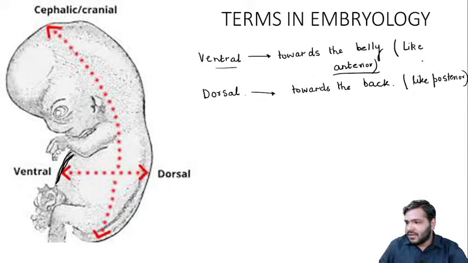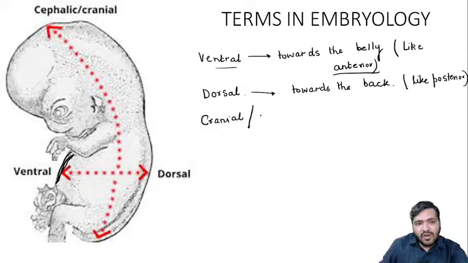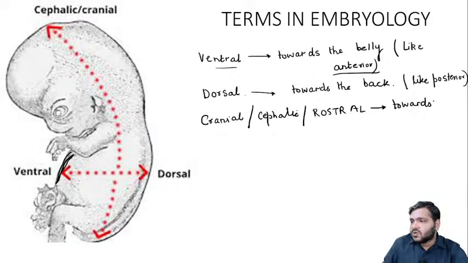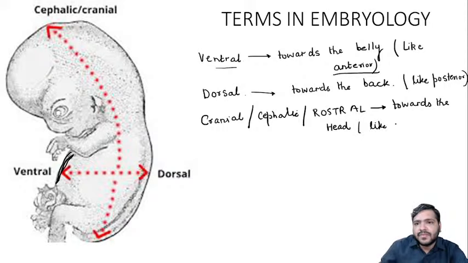Apart from that, guys, two more terms that you have to learn, that is the cranial part, also called the cephalic part, also known as the rostral part of the embryo. It is basically towards the head. And remember that it is like superior.